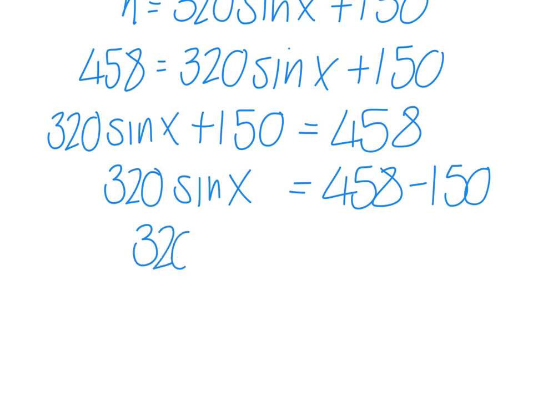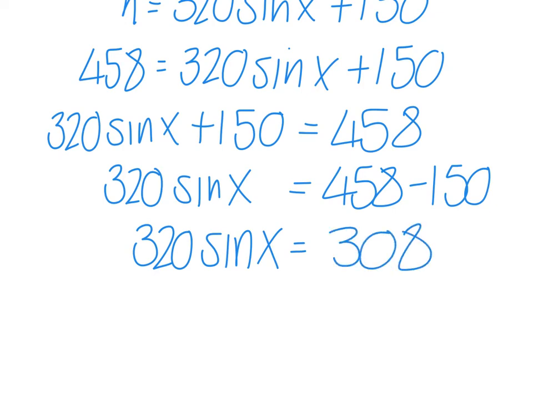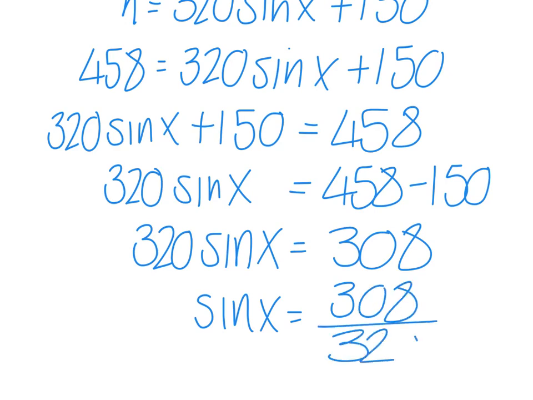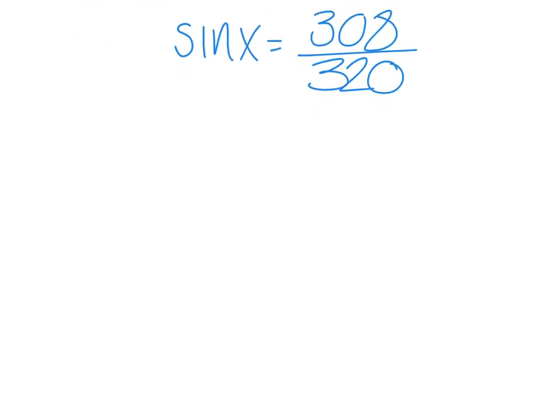That means then that 320 sin x is equal to 308. We're going to move the 320 across the equal sign now, so it will change from multiply to divide. So that then means that sin x is equal to 308 divided by 320. So working that out on our calculator gives us sin x is equal to 0.9625.